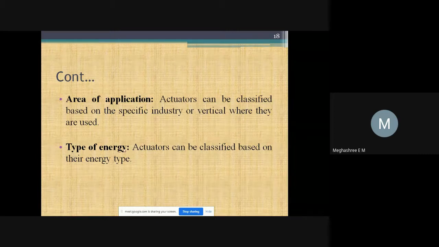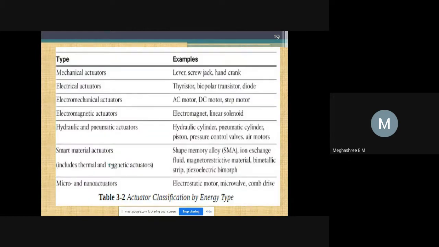Next, type of energy. The actuators are also classified based on their energy type. Different types of actuators are listed here, like mechanical actuators, electrical actuators, electromechanical actuators. A few examples are also given for the same.